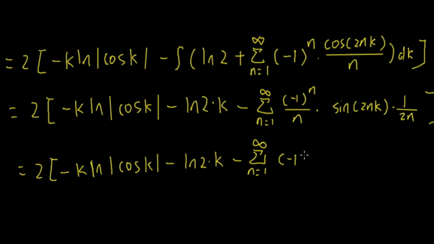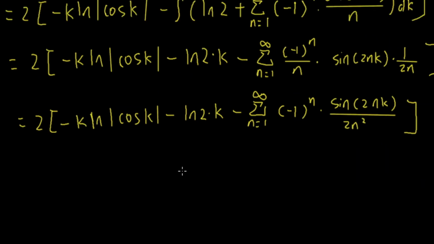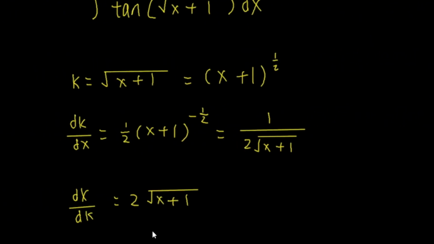So we have negative 1 to the power of n times sine 2nk over 2n squared. Okay, now we finished the integral, but everything is in terms of k now. We have to rewrite everything in terms of x. So here, what did we say k is equal to at the beginning? k is equal to the square root of x plus 1.